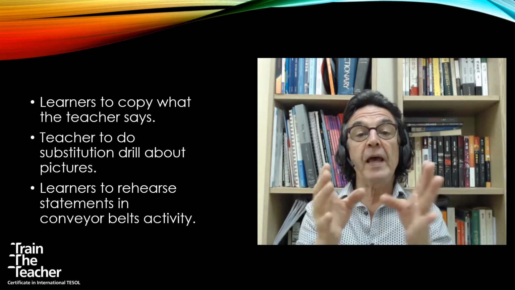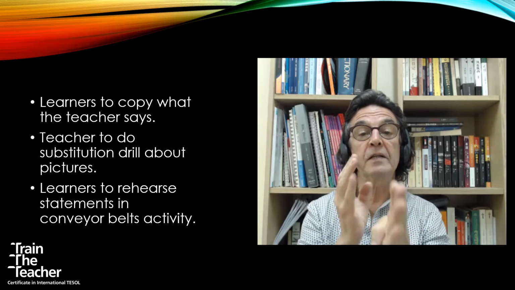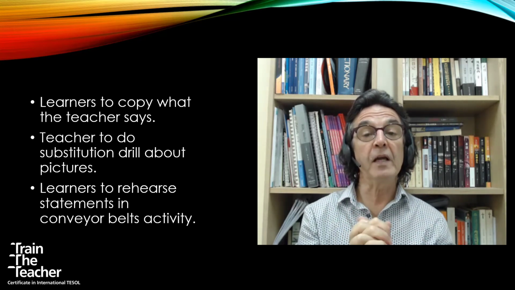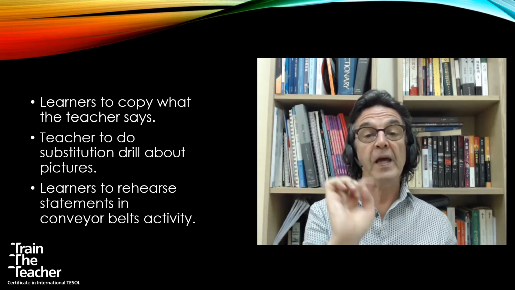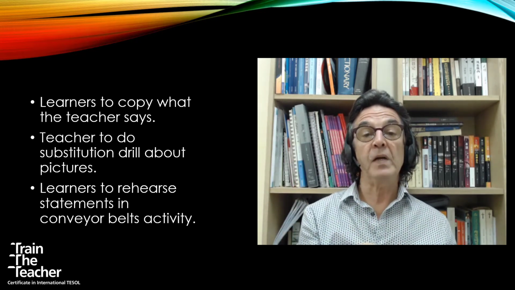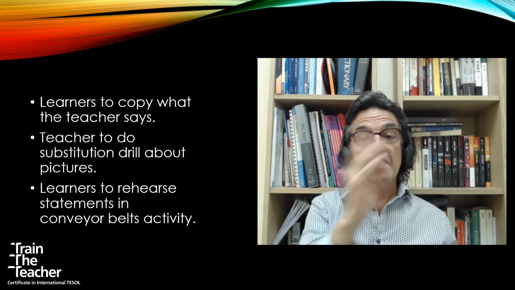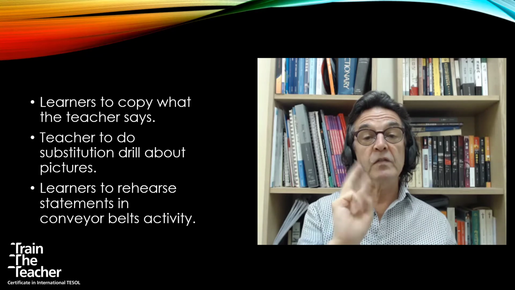But then after that, we need careful practice, careful manipulation in drills. So the teacher will, for example, from that picture, say, in my picture, there are 2 glasses of orange juice. And the kids repeat that, and then the teacher says 3.